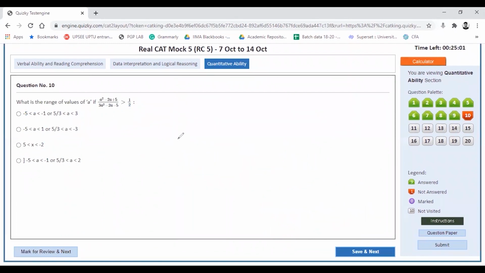This is calculative. What is the range of values of a if this is greater than, okay. So this is a question that we are really familiar with. a square minus 2a plus 5 divided by 3a square minus 2a minus 5. I'll take minus half this side. I won't make the mistake of multiplying 2 in the numerator and denominator, because that could actually go wrong.